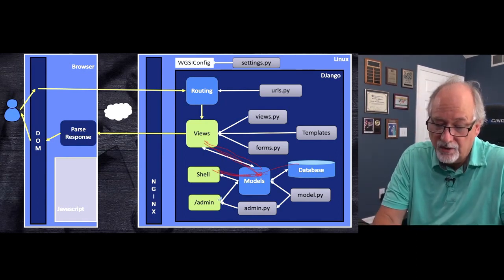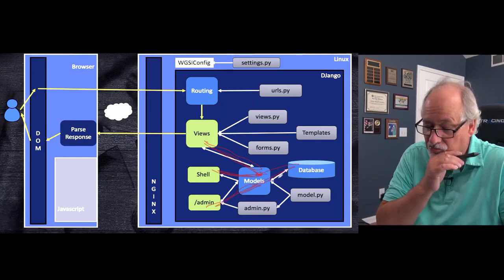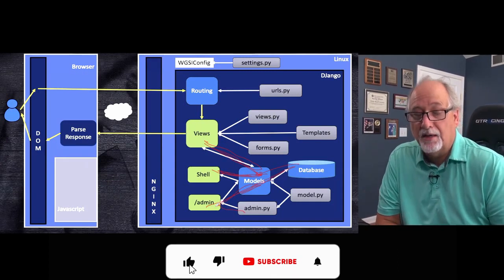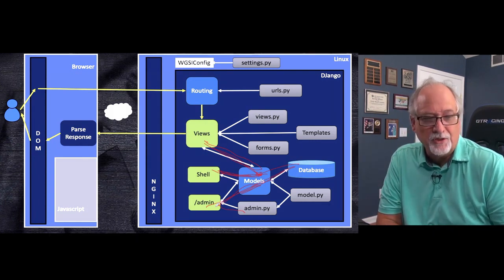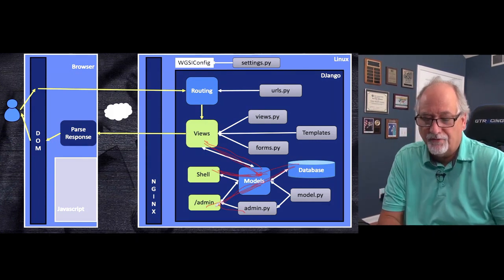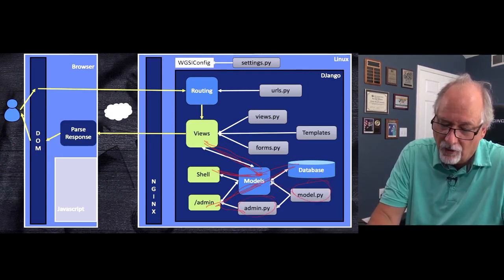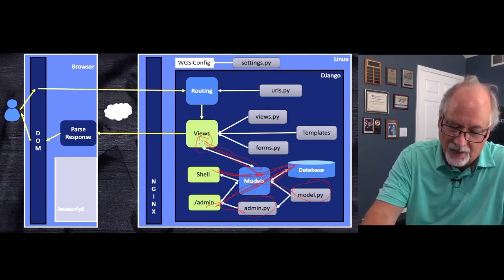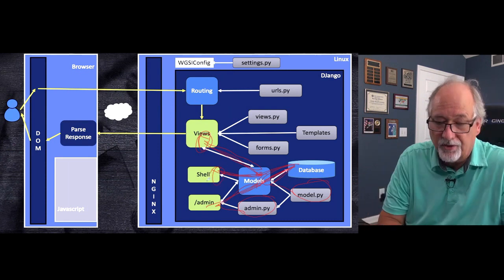And if you're starting to use the admin user interface, the admin user interface talks to the database through the models, and it's informed by the kind of things that you add to admin.py. If you want to use the Django admin interface and have your model shown a particular way, it's got a bunch of defaults, but often you want to override those defaults, and so that's what you put in. And the models.py file informs this connection with the database, and it also informs the kind of code you write in view code in Python or in the Python shell.